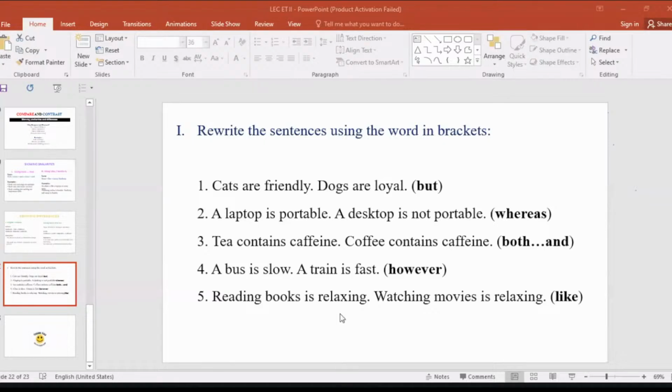Then a bus is slow, a train is fast. A bus is slow, however, a train is fast. Then reading books is relaxing, watching movies is relaxing. Like reading books, watching movies is relaxing. Or like watching movies, reading books is relaxing, right? Okay, so that's how we have to make the sentences.